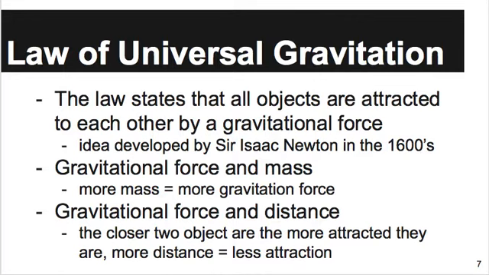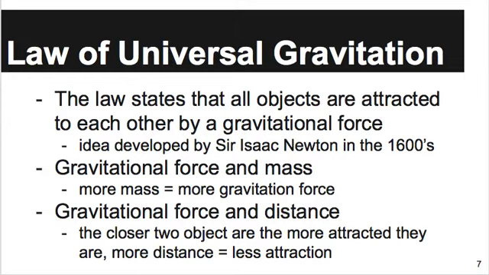Gravitational forces and mass. So if there's more mass, there's more gravitational force. So the bigger or more mass an object is, the more gravitational force. So the mass of the Earth and the Sun are huge on the scale of people, so there's way more force there. Gravitational force and distance.